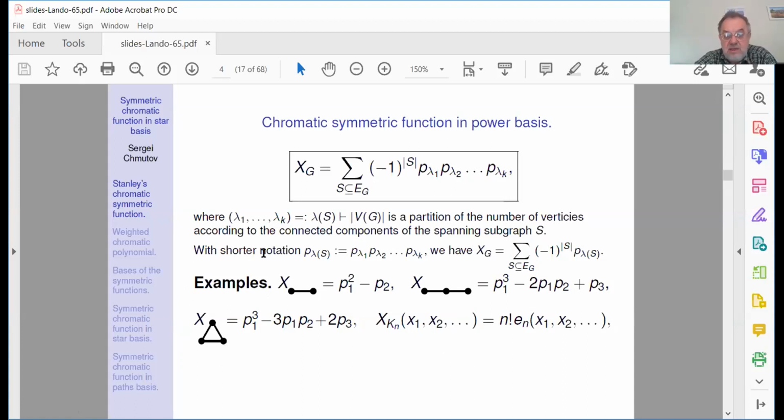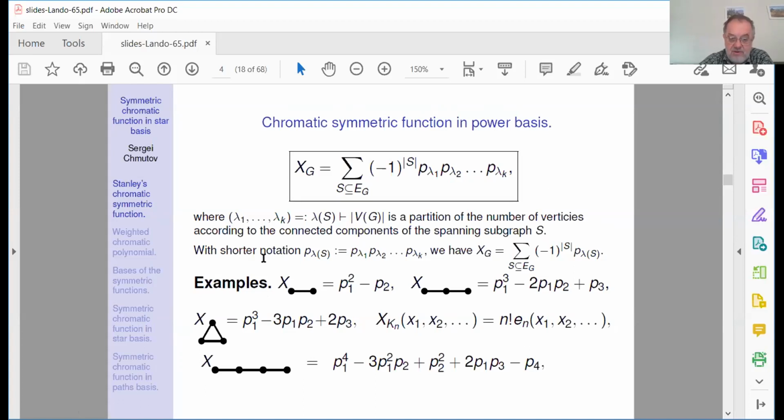So that's how this thing works. So the elementary symmetric function is the chromatic symmetric polynomial of a complete graph, essentially, up to that numerical factor. Now, if I have a path of length 3 or 4, doesn't matter how you count.